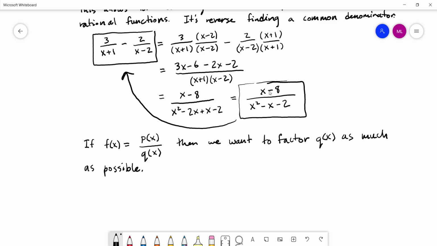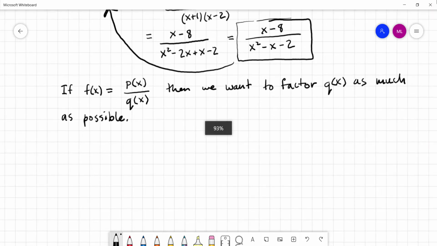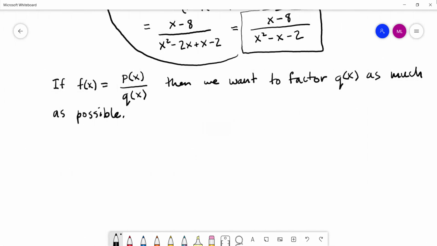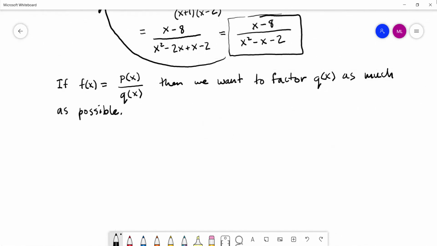Okay, so once we've got q of x factored, this is going to seem complicated. I'm going to give you some rules, and then it's really a matter of doing a bunch of actual problems. In this hypothetical sense, I'll give you the rules, but again, we want to actually do problems.